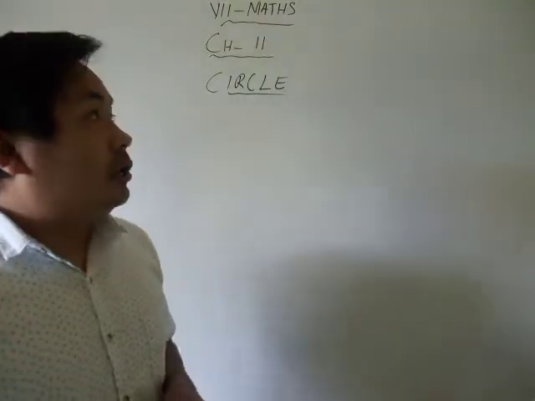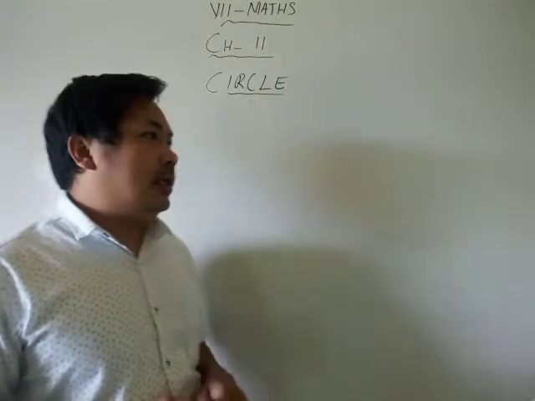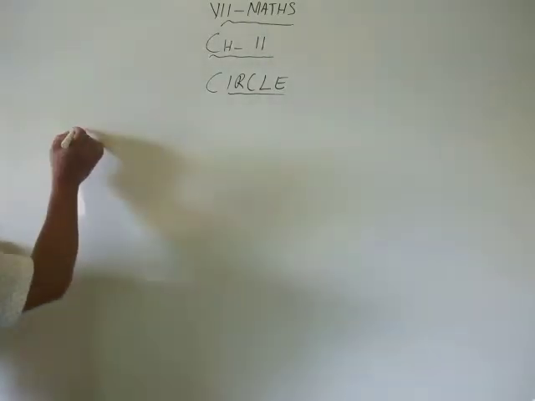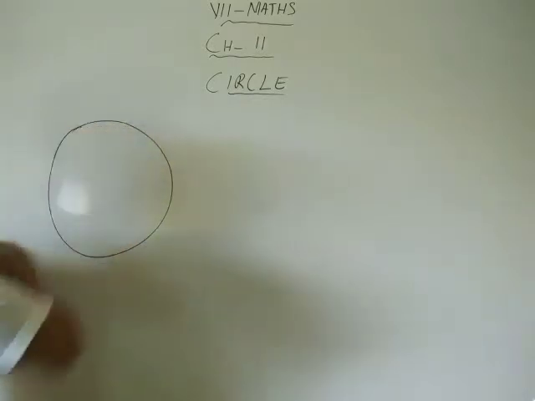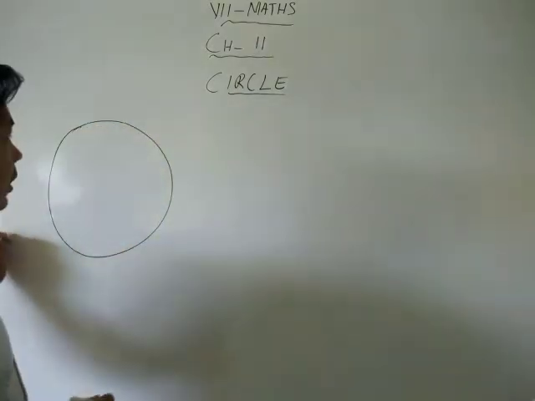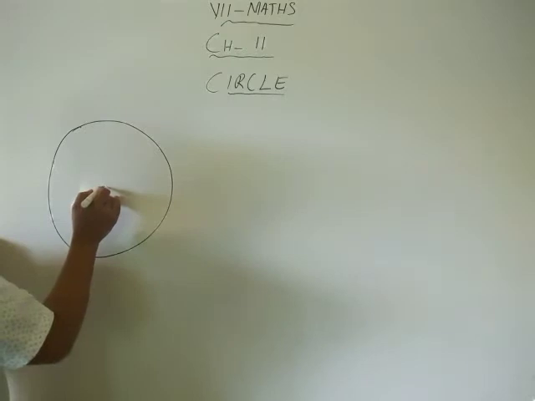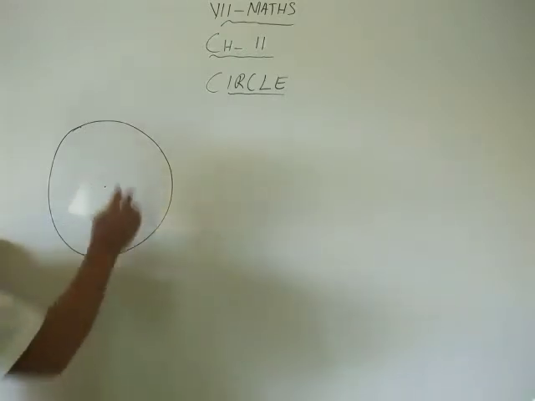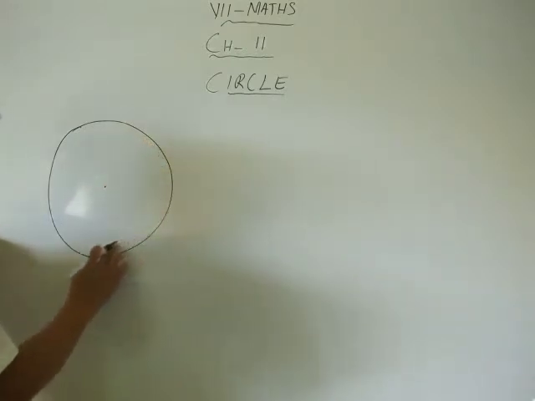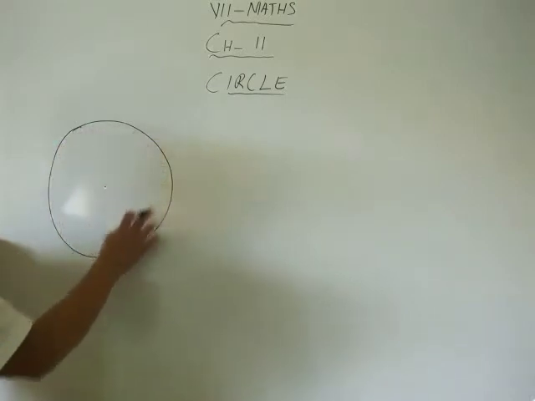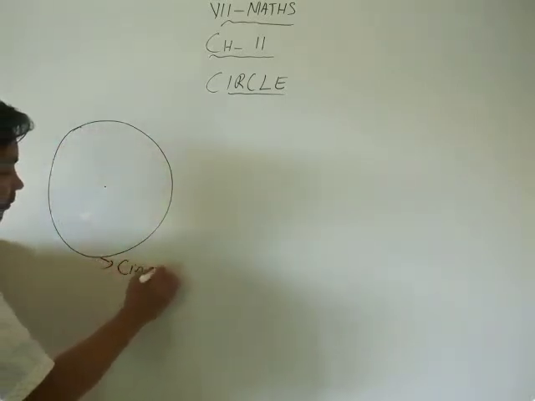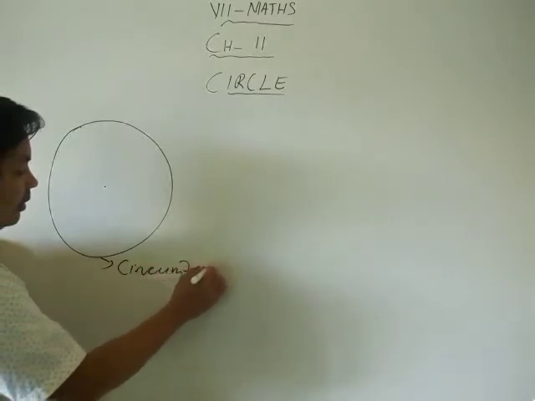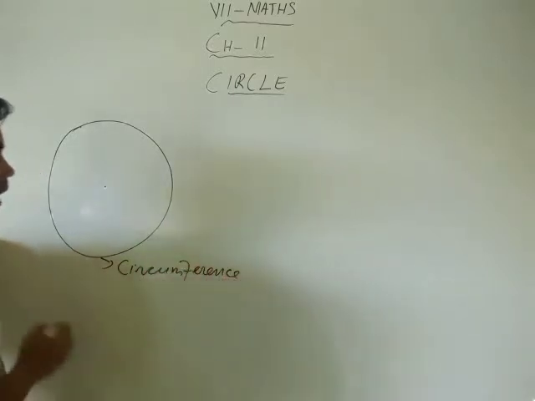Now you see what the circle is. It is a curved shape, and it's closed. So this is a circle. It has a center here. The line that makes the curve of this circle is called the circumference.